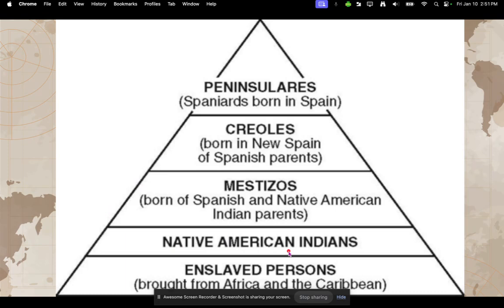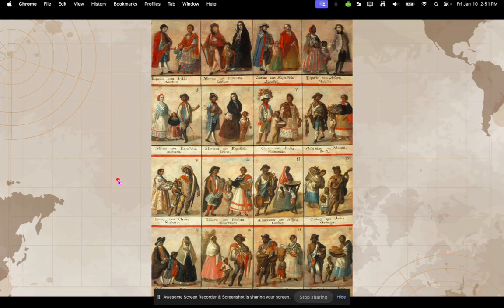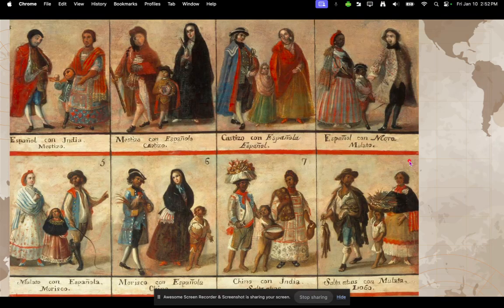Below that, you would have the Native American Indians, and below that would be the enslaved people. So Spain believed in this hierarchy so much that they would actually commission painters to paint what the mixing of blood would look like. So I'll kind of flip through these.